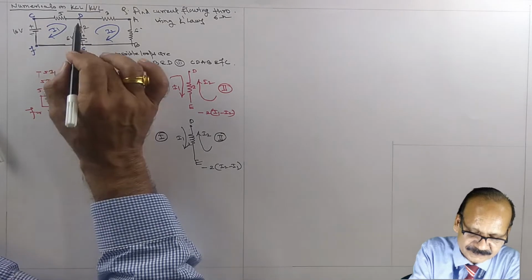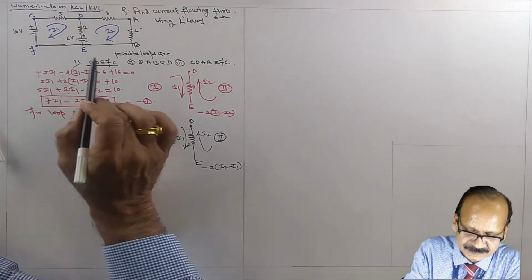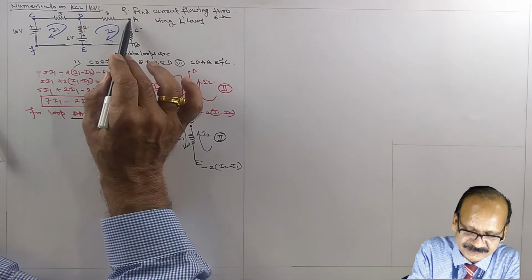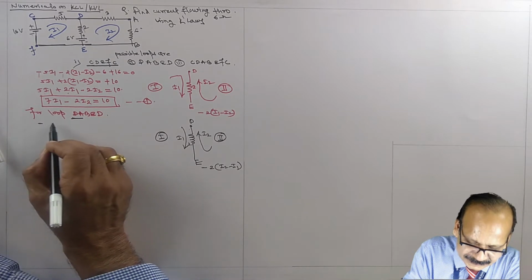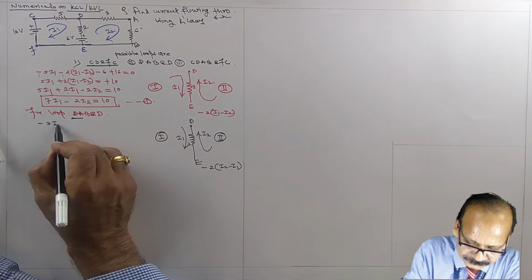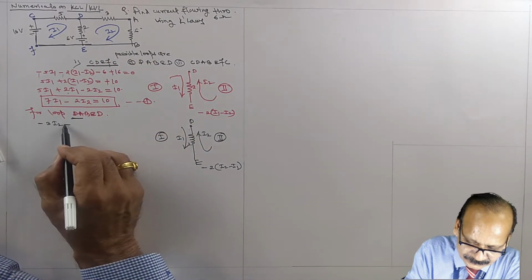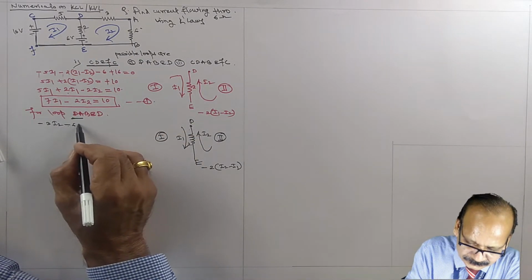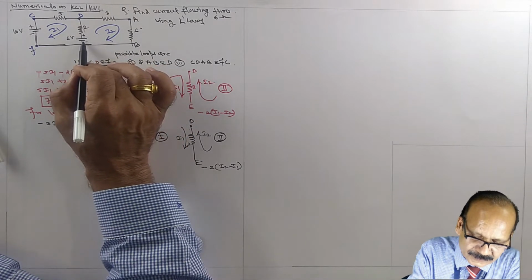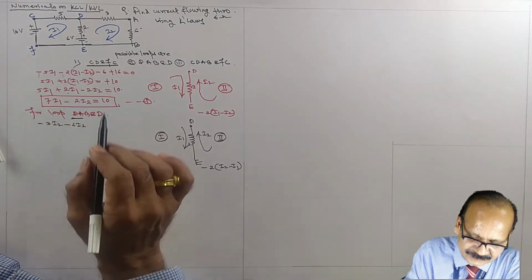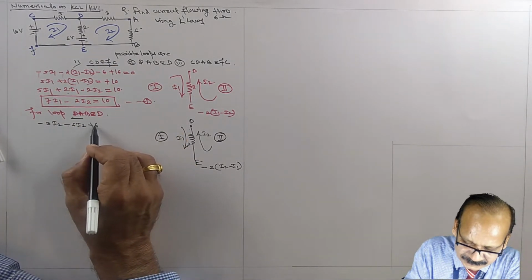Now let us start from the point D to A. While traveling from D to A, in the direction of current, fall in potential, so minus 3I2. Then A to B, once again in the direction of current, minus 6I2. Again E, if we reach negative terminal of the battery first, this 6 volt, plus sign, so plus 6.